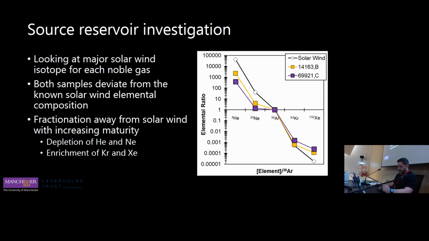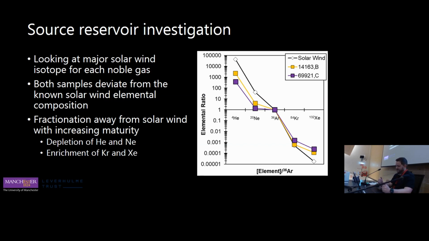And as you can see, there is similarity between the samples and solar wind, but there's notably a depletion in the light isotopes and an enrichment in the heavy isotopes relative to the expected solar wind composition.